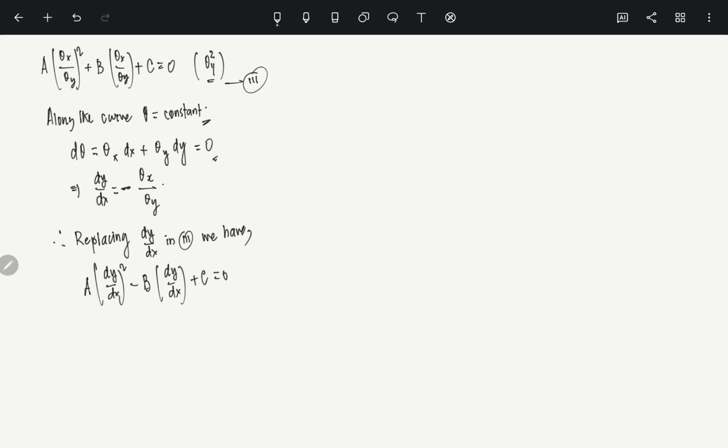Since dy by dx is minus theta x by theta y, that is why this minus sign is there. And you see this is a quadratic equation in dy by dx, and we can solve this.